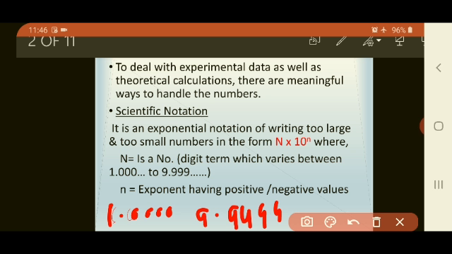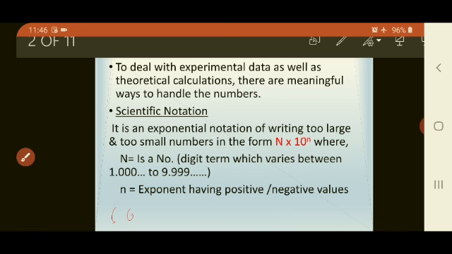So whenever we convert a given number into scientific notation, the number capital N should be between 1 and 9. That is, the decimal point should be shifted in such a way that it comes after the first non-zero digit. Did you understand? We will solve some problems based on this, and we will see some examples.